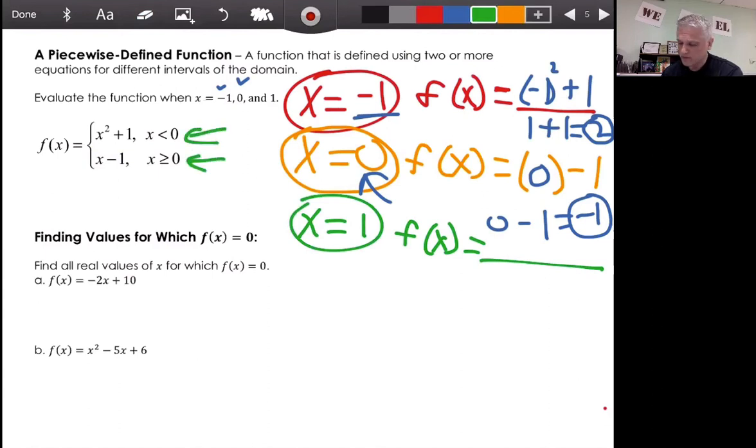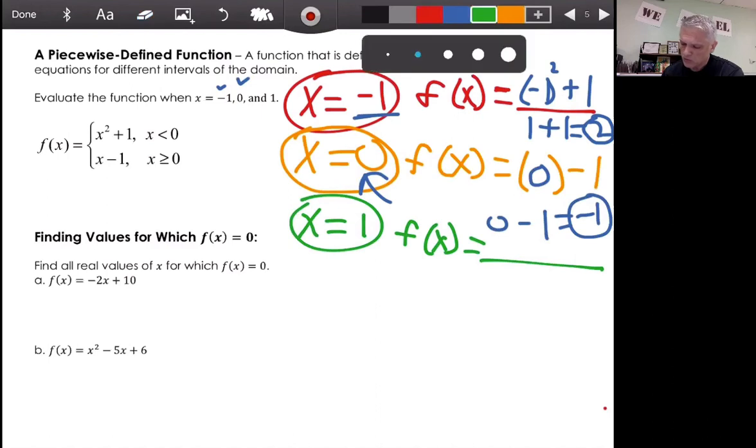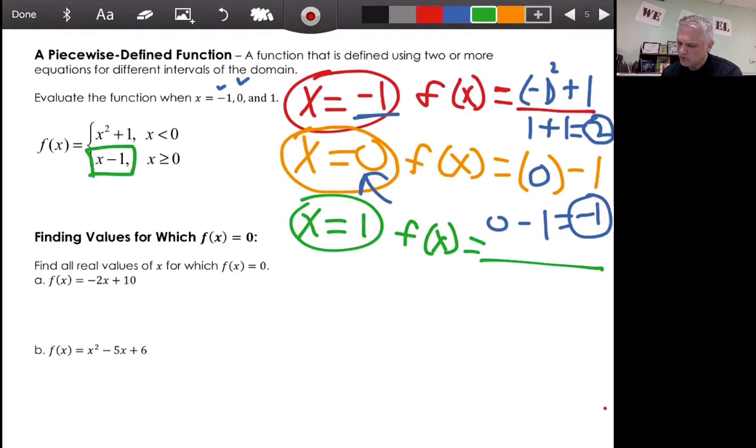Is x being 1 less than 0, or is x being 1 greater than or equal to 0? Okay, obviously it's greater than or equal to 0. So we look at this rule again. We're looking at x minus 1. So what is x? x is 1. So we literally are going to say 1 minus 1, and it equals 0. So when x is 1, f of x is 0. Answered the question. Cool beans.